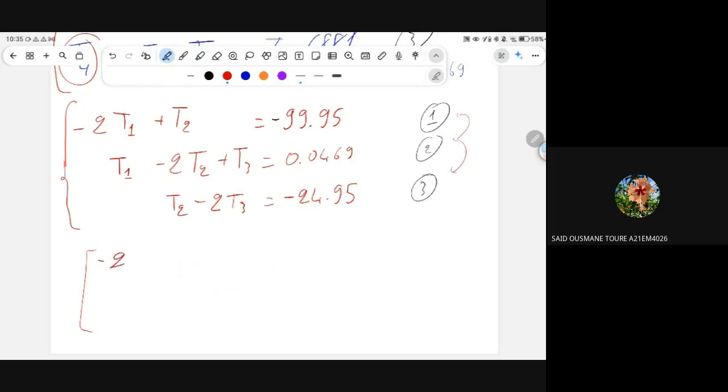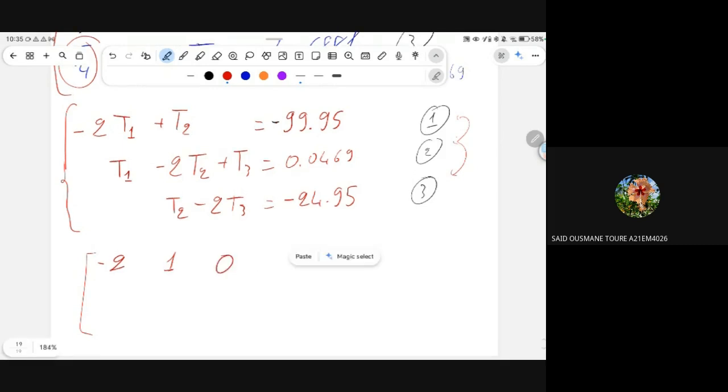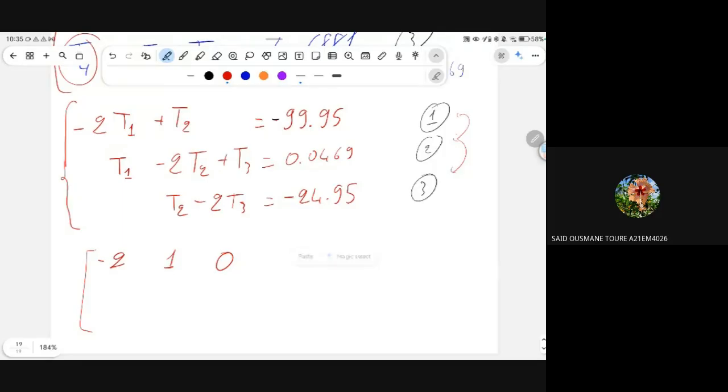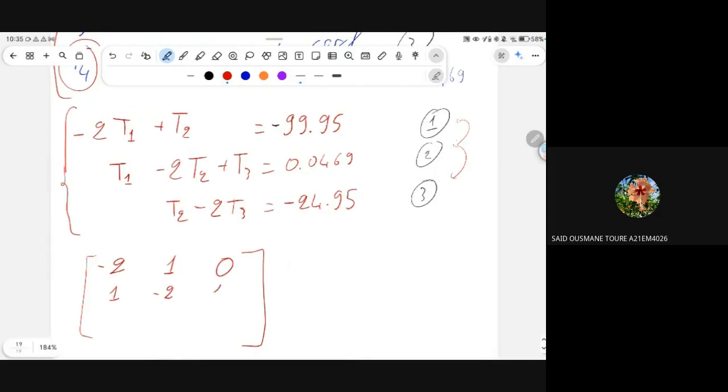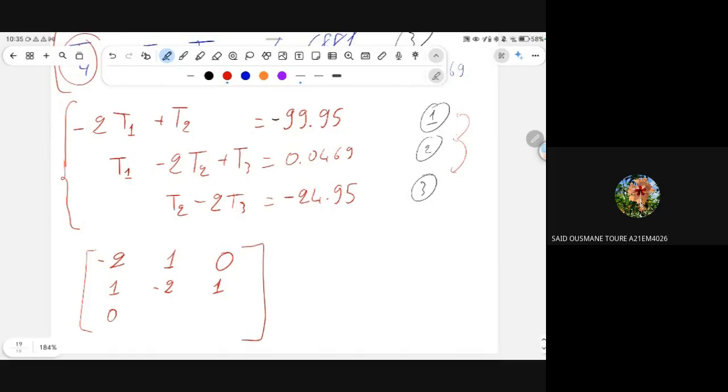So we have -2 for T1, and 1 for T2. For T3, we multiply by what to have nothing? By 0. Clear? Then close the bracket. For the second equation, for T1 you have 1, for T2 you have -2, for T3 you have 1 once again. For the last part, I have 0 for T1, 1 for T2, and -2 for T3.